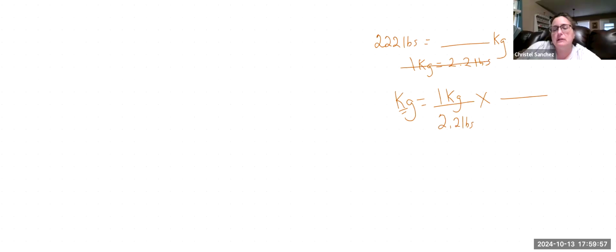Now, since I need to get rid of my pounds, and I have 222 pounds right here, I want this one at the top, because I want those pounds to be diagonal so they can cancel out. So 222 pounds, and remember, my 1 is just a placeholder.